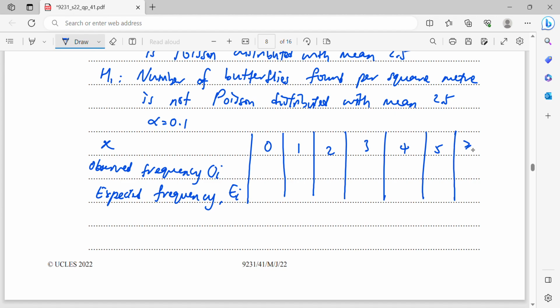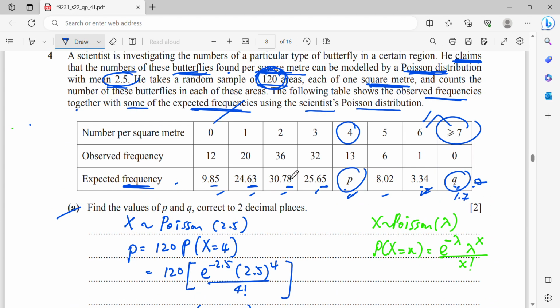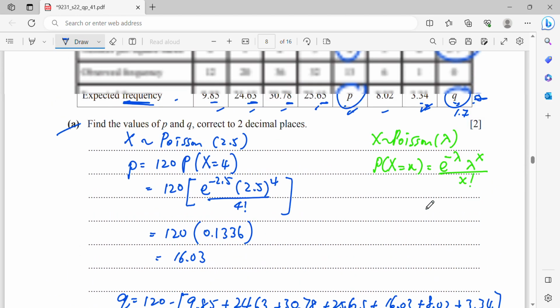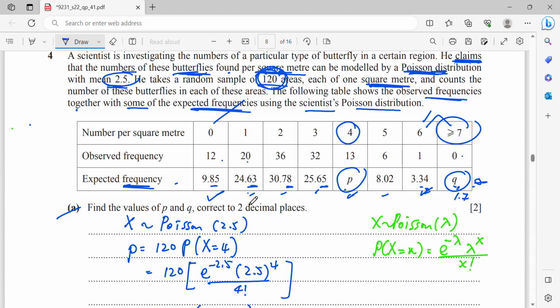After combining two cells, the Oi just copy from the table, 12, 20 until 0. The expected frequencies are also copied from the table: 9.85, 24.63, but the last two must be combined. When you add up these two values, the last will be 5.04.